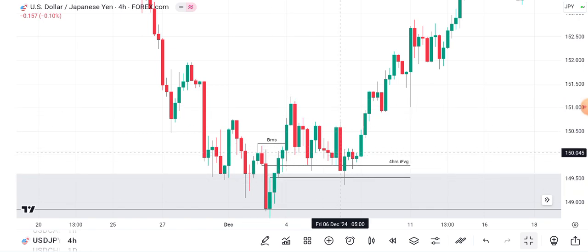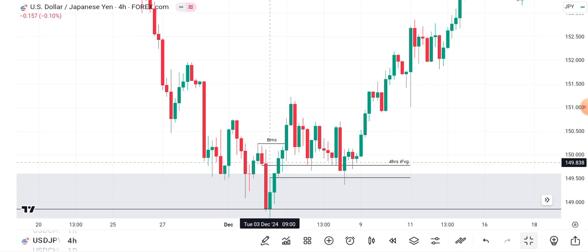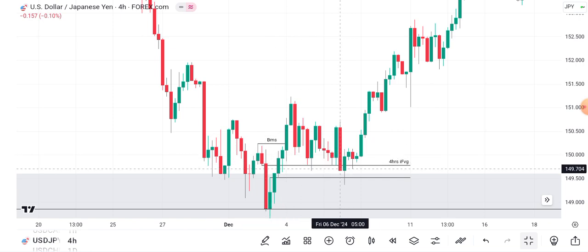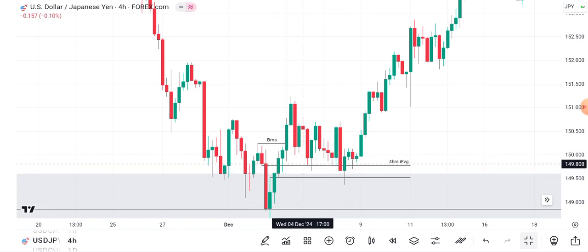So on the 6th, this was on Tuesday, the day price really entered into the fair value gap was on Thursday. Price didn't go until the Friday. So on the Friday, price began to what? Move higher. Price really retraced into the inversion fair value gap. This is how I use it.